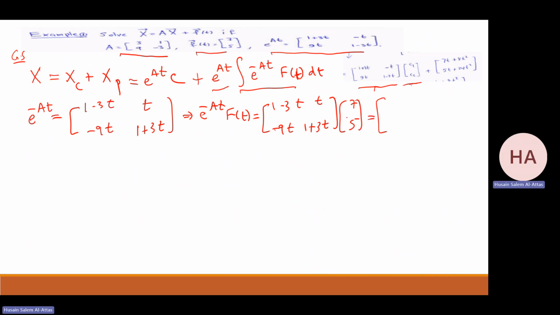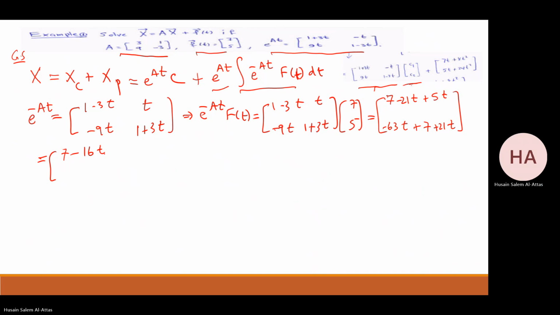I'll be careful of the calculation. I have 7 minus 21t plus 5t. This one is minus 63t minus 9 times 7, minus 63, plus 7 plus 21t, which is what? 7 minus 16t.